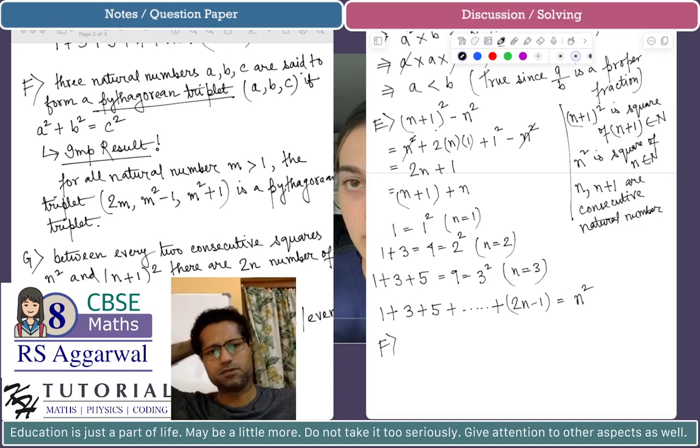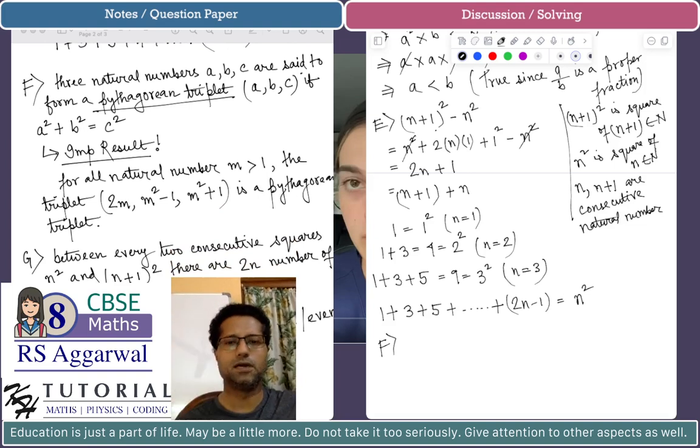Three natural numbers A, B and C are said to form a Pythagorean triplet. If A, B and C are three natural numbers that form a Pythagorean triplet, we express the triplet by writing it inside a bracket, comma separated.